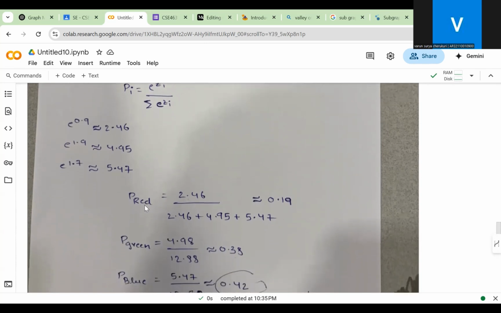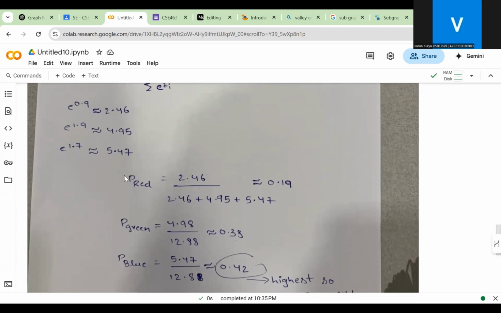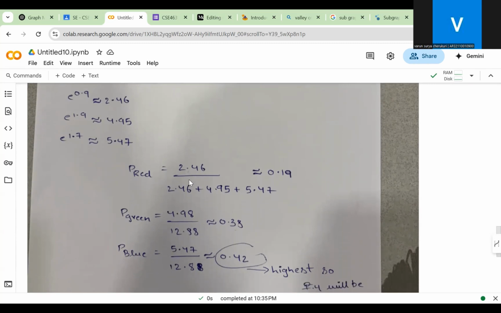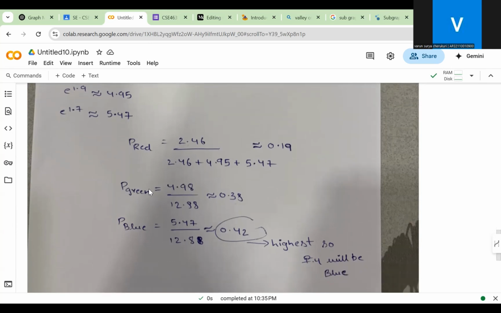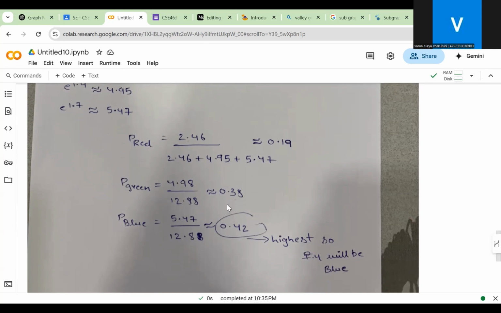The next step is calculating the probability. The probability of red is this value divided by all values, like 2.46 divided by 2.46 plus 4.95 plus 5.75, which is close to 0.19. Similarly, we should do the same calculation for green and blue.